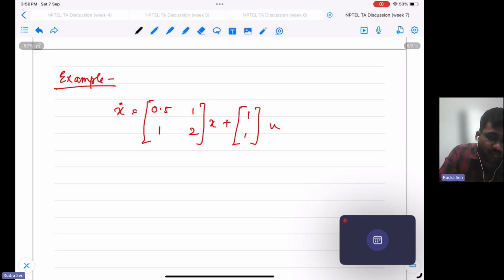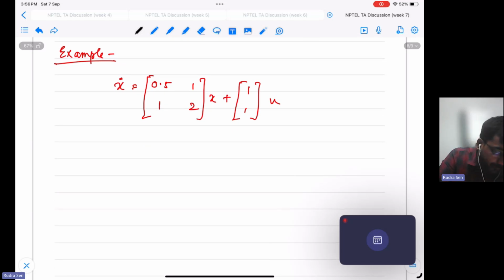I'm not writing down the output equation because it is not required. This is the given system.